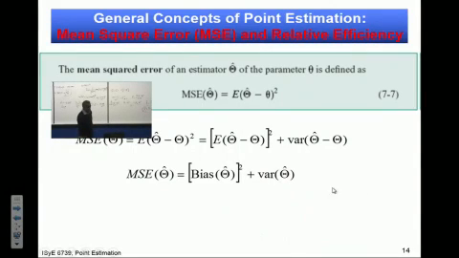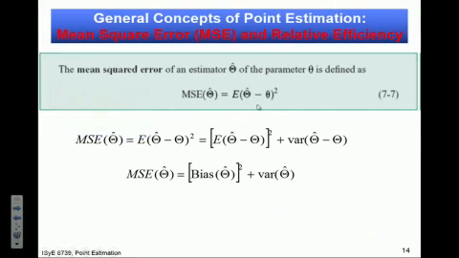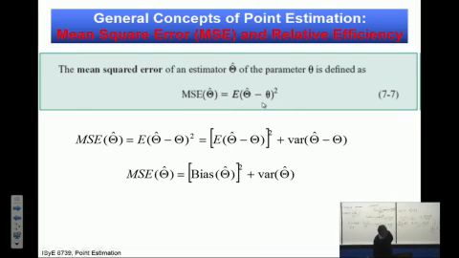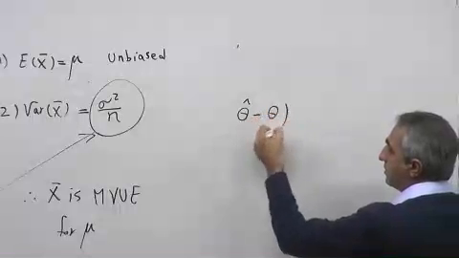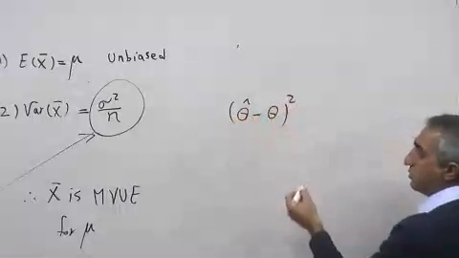It's defined as the expected value of your error. This is your estimator, this is the actual parameter, so that's the error. That's the squared error, and that's the mean. One more time: that's your estimator, that's your true parameter, this is the error, this is the squared error.